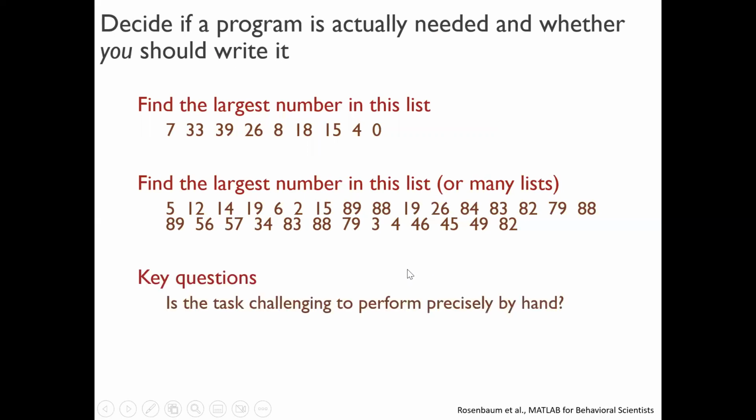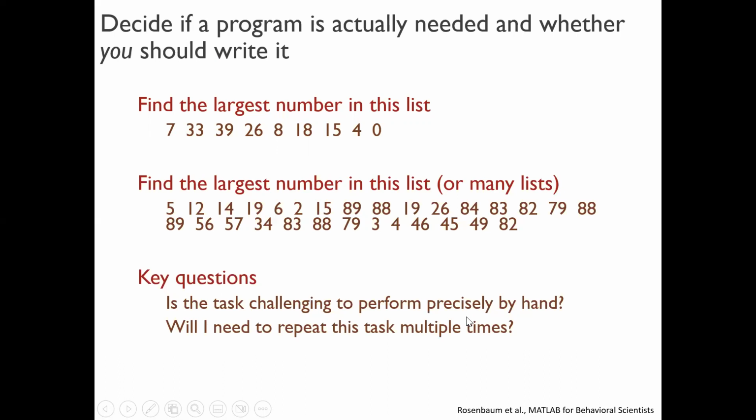So when thinking about whether you need a program, one of the things you may want to consider is whether the task you're performing is challenging to do precisely by hand or manually. The key two things here are, is it challenging, and specifically challenging to do precisely. Precision is key when we're talking about data analysis.